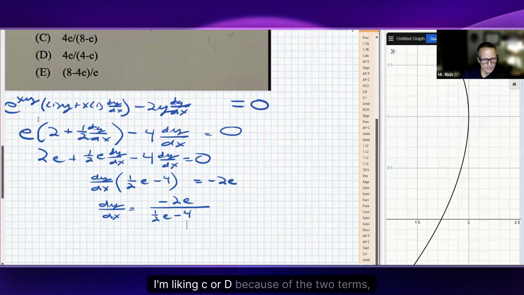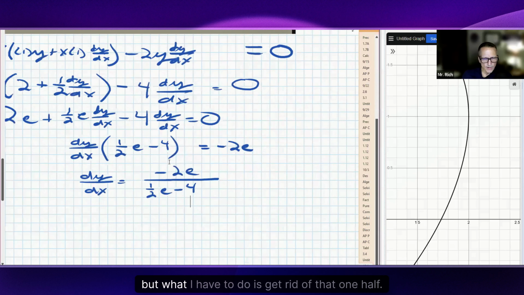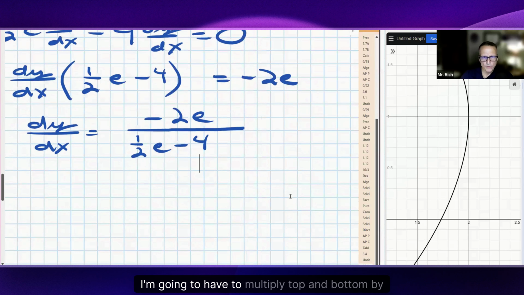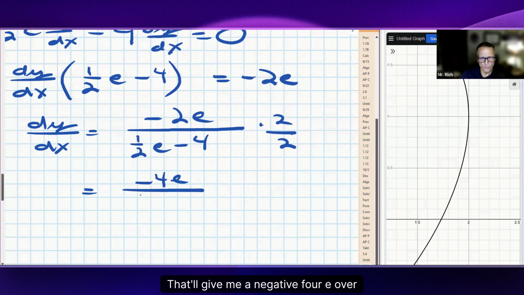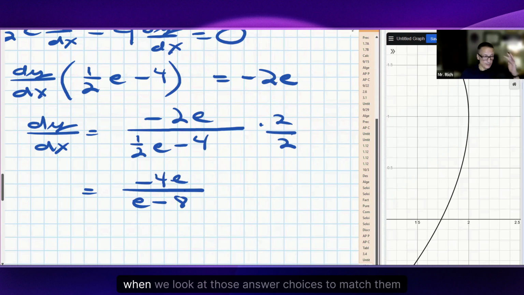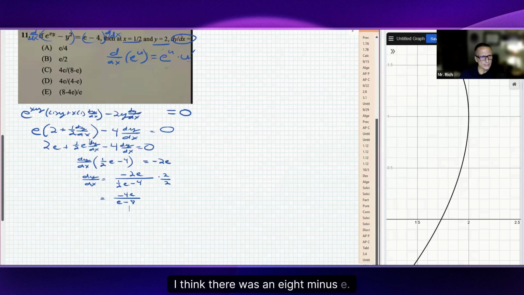I'm liking C or D because of the 2 terms, but what I have to do is get rid of that 1/2. I'm going to have to multiply top and bottom by 2, right? That's how you get rid of these. I can't have fractions in my fractions, complex fractions. That'll give me a negative 4e over e minus 8. Now, when we look at those answer choices to match them up, I think there was an 8 minus e.